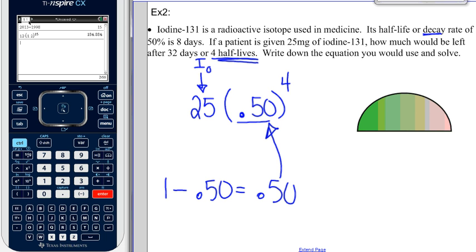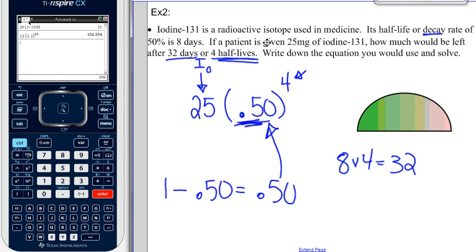So really, this amount of time isn't always necessarily going to be in days or years. In this case, it's in half-lives, because we're looking at when our isotope is going to reduce by half. In 1 half-life, that's 8 days, and we want to know 32 days. So that's 4 half-lives, because 8 times 4 gives us 32.